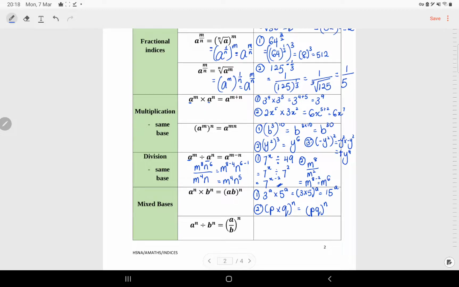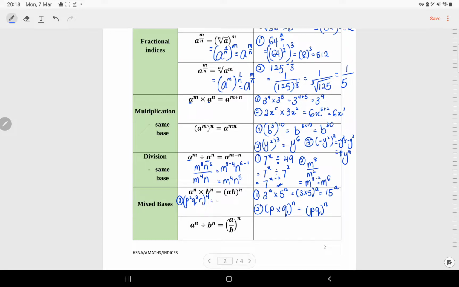So for example, another one, let's say you have p squared q to the power 3 and r to the power 4, the whole thing to the power 4.